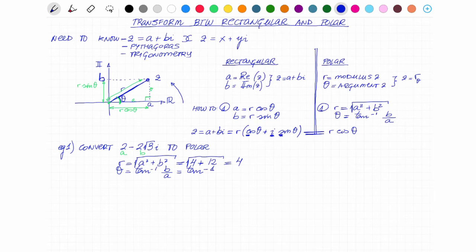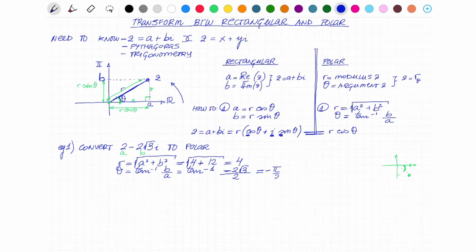So in our case, inverse of the tangent of B, the signs are important, minus 2 square root of 3 over 2. And signs are important because this number has a positive A and a negative B. It's here in the 4th quadrant. So the angle, the argument, is going to be negative.